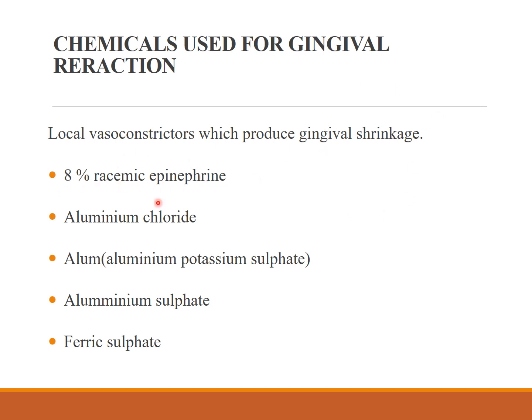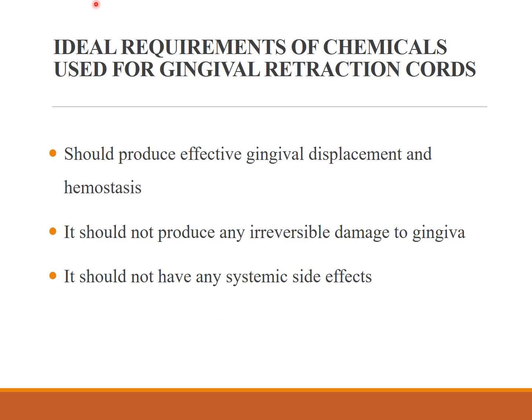So epinephrine, aluminum chloride, aluminum sulfate, ferric sulfate. Ideal requirements of chemicals used for gingival retraction cord: they should produce effective gingival displacement and hemostasis, should not produce any irreversible damage to gingiva, and should not have any systemic effects.